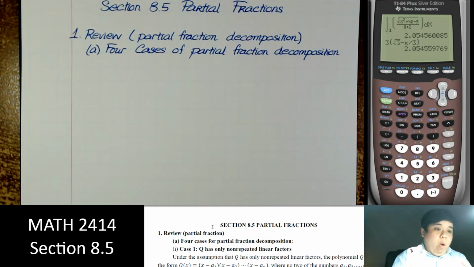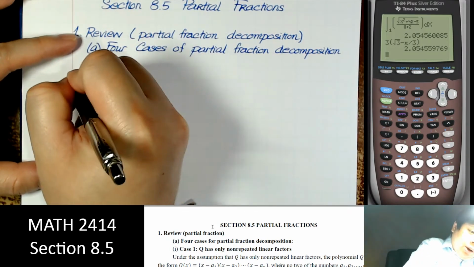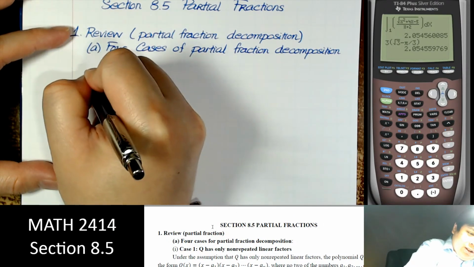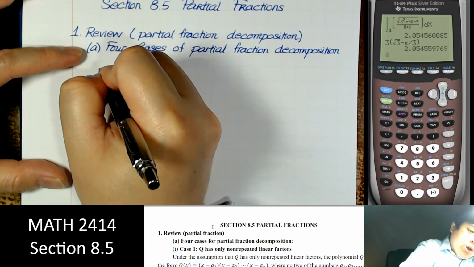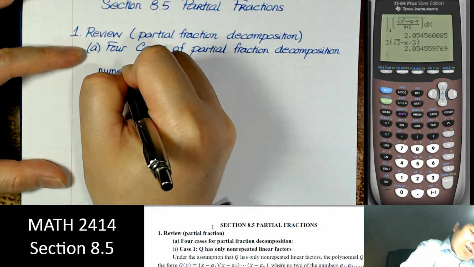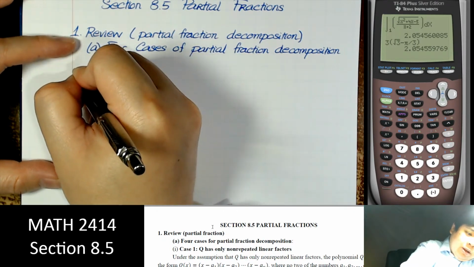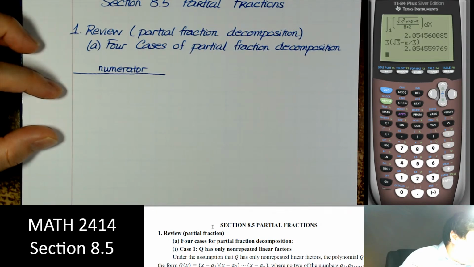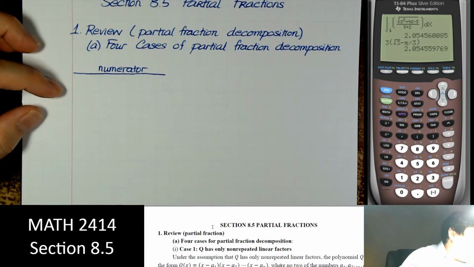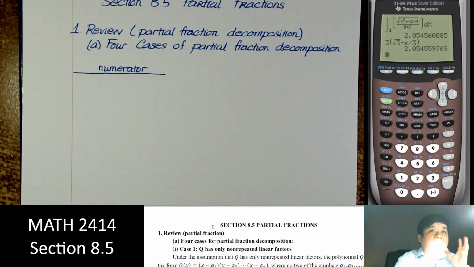Just want to do one big problem in general. Let's say we have something on the top, I just write numerator. At the bottom though, let's see. Yes, it is in pre-cal, but of course, in this case, after we do the partial fraction, we will do the integral.